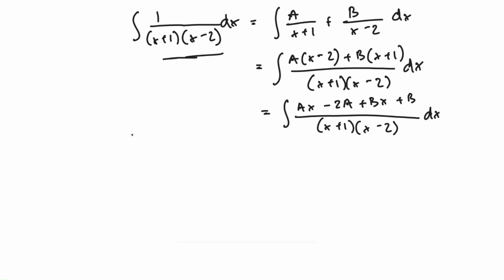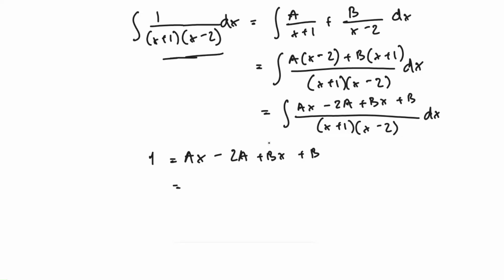We need to make the top equal to the top of the original integral. So this is ax minus 2a plus bx plus b.